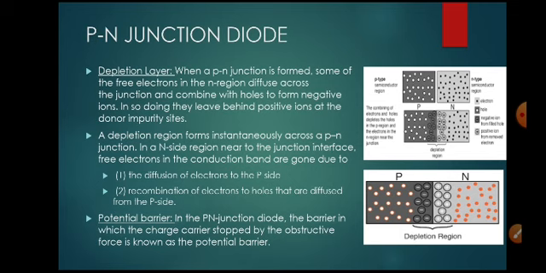Apart from this drift and diffusion, in semiconductors, the negative charge carriers collide with the positive charge carriers. Electrons and holes collide with each other, then they get recombined. This is called recombination. In this process, the free conducting electrons are occupied with the emission of energy.